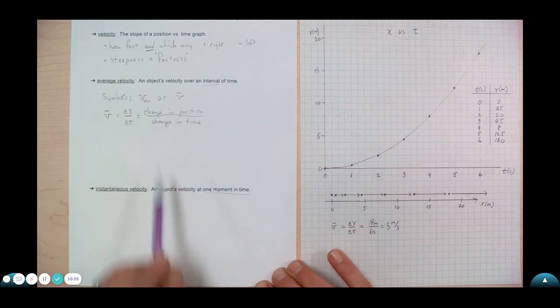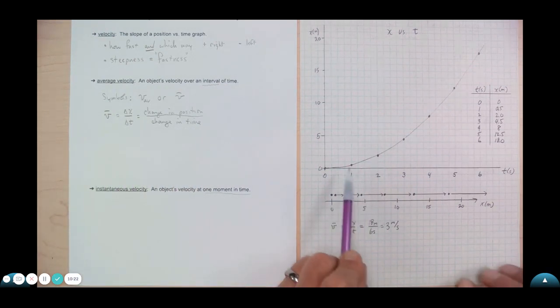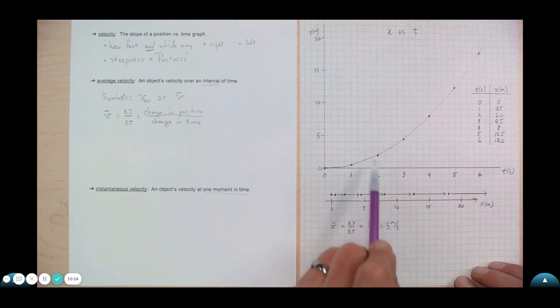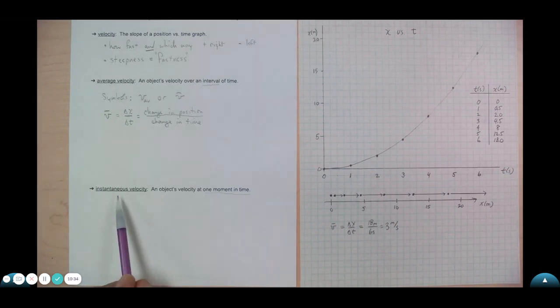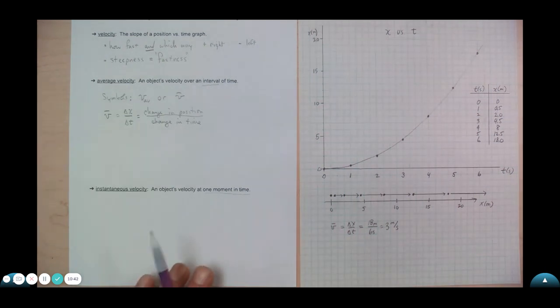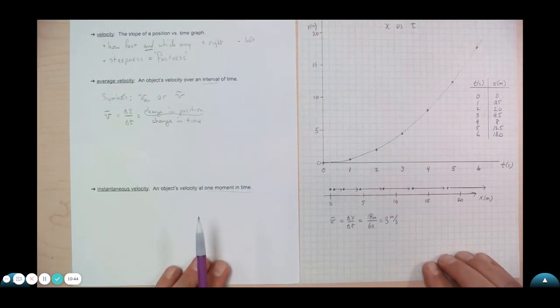So this equation is not going to work for us, but clearly, this object has a certain velocity at all of these times. It's just this equation doesn't let us find them. Now, if you're splitting hairs, you would actually have to use a branch of math called calculus to figure out this object's instantaneous velocity. But since this isn't a calculus-based physics course, here's how we're going to do that. We're going to do a really, really good approximation of it, and it's going to be algebraic.